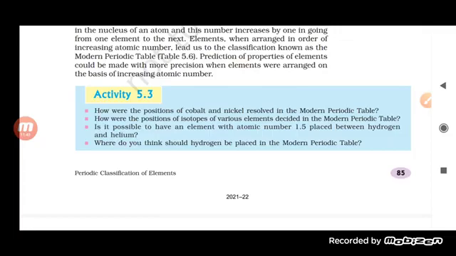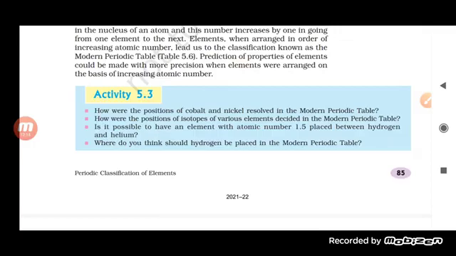So the question is, how was the position of cobalt and nickel resolved in the modern periodic table? Now the modern periodic table is divided on the basis of atomic number, so no such issues can be seen, and cobalt and nickel are now kept properly.